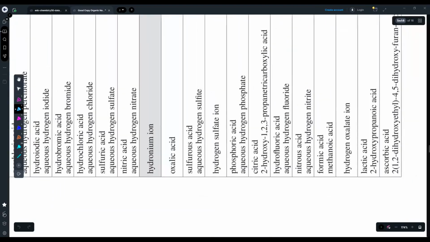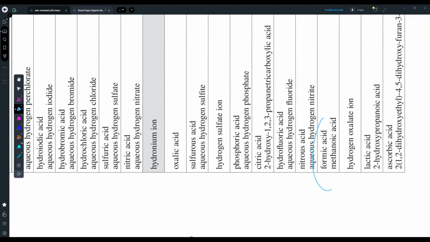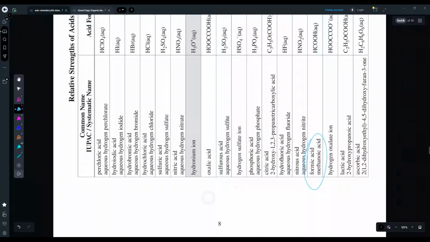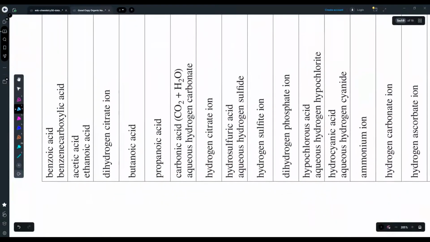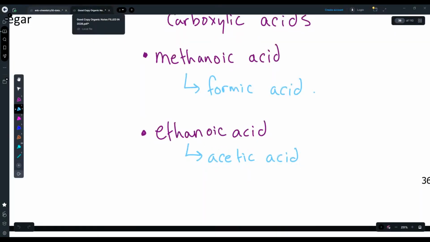At the bottom of page 8, formic acid is put there alongside methanoic acid, so you don't have to memorize that one. For ethanoic acid, you'll find it near the top of page 9. So you don't need to memorize the common names for these carboxylic acids. You can find them in your data booklet.